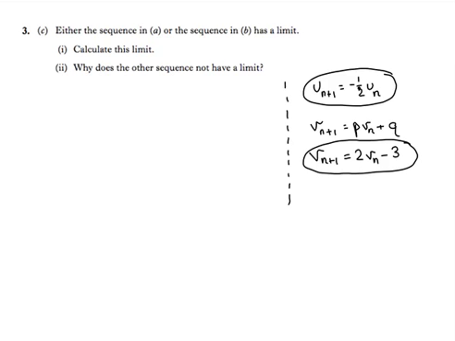There will be a limit. So a limit exists when the multiplier lies between -1 and 1.